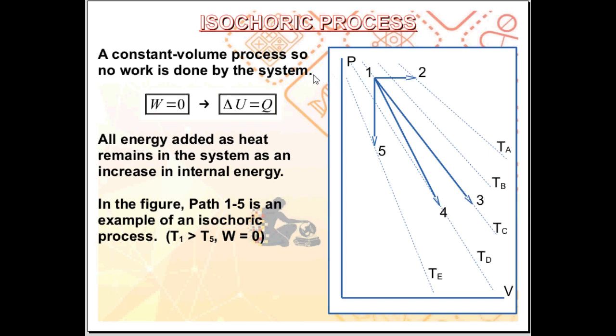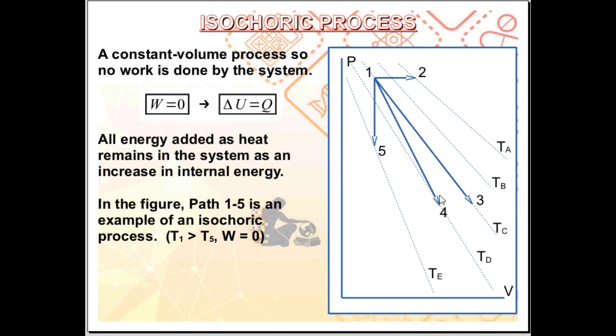So if dV or delta V is 0, work done is 0, which means that the change in the internal energy of the system is just equal to Q. All energy added as heat remains in the system as an increase in internal energy.